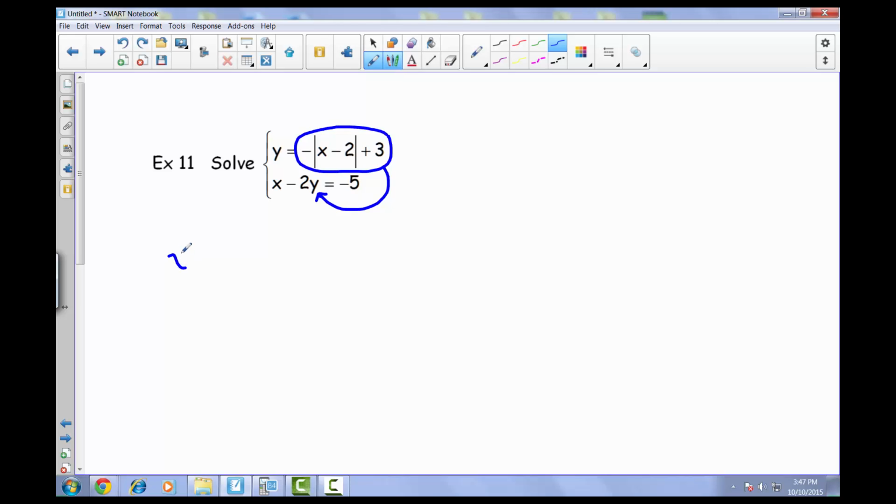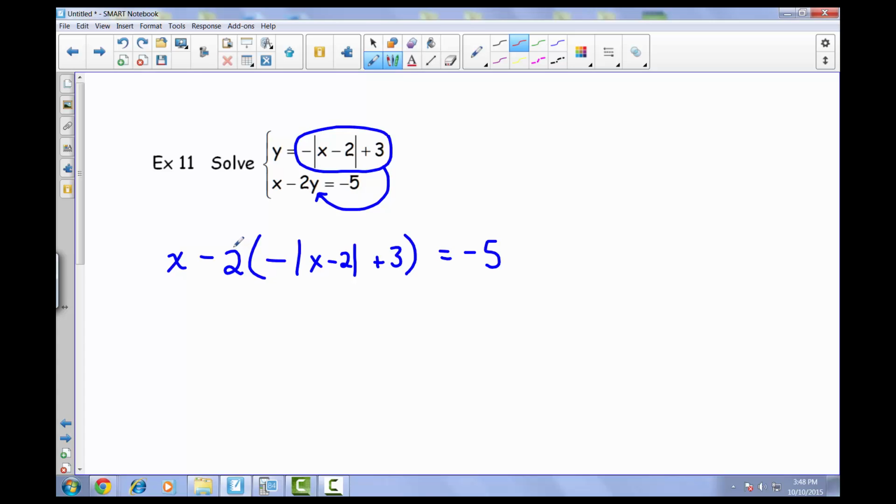We end up then with x minus 2 times negative absolute value of x minus 2 plus 3, and that's equal to negative 5.